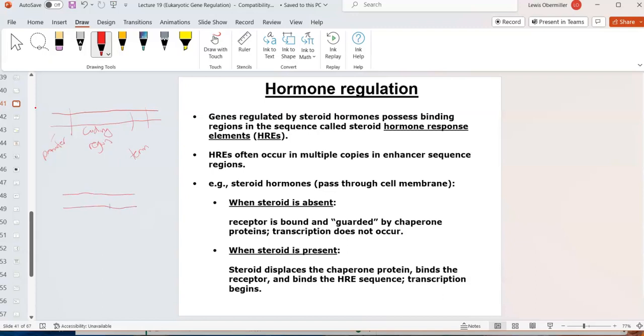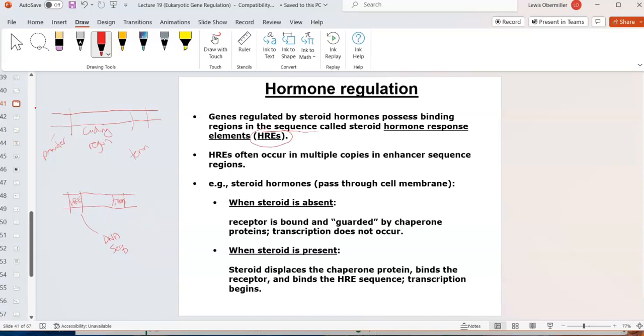We know that the promoter has like a TATA box, and usually this has a hormone response element. That's a piece of DNA. It's shown here. So these are DNA sequences that are located in the promoter region.